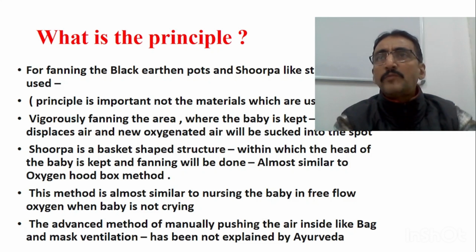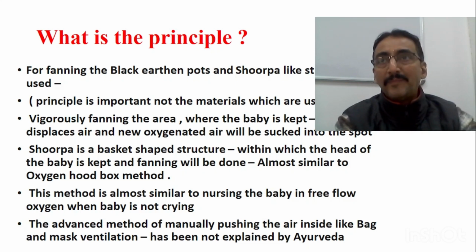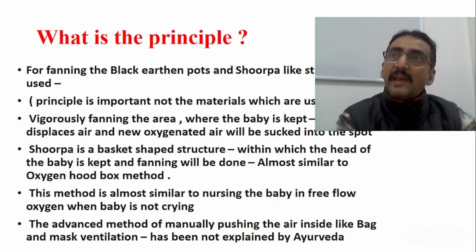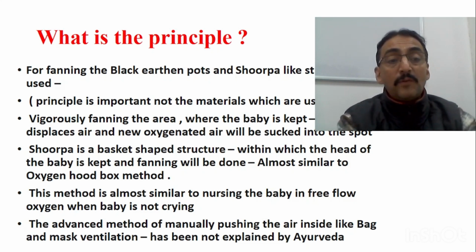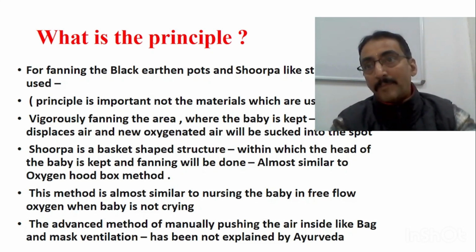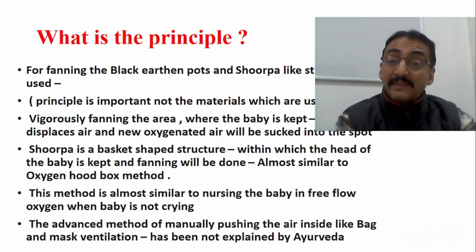In the oxygen hood box method also, we keep the baby's head in the hood box and provide high concentration oxygen. We will not push anything. The baby takes the air by himself or herself. So this method is almost similar to nursing the baby in free flow oxygen when the baby is not crying. The advanced method of manually pushing the air inside, like bag and mask ventilation, has not been explained by Ayurveda.